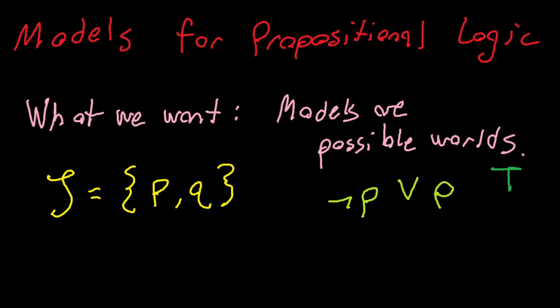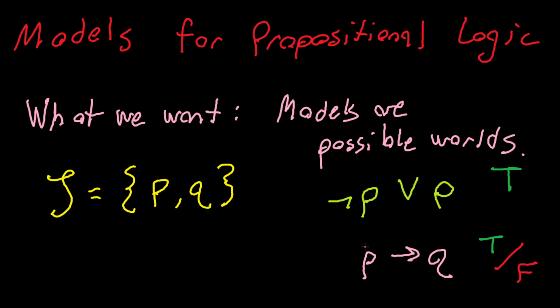And then there's other sentences, like the sentence P implies Q, which could be true or it could be false, again depending on the values of P and Q.